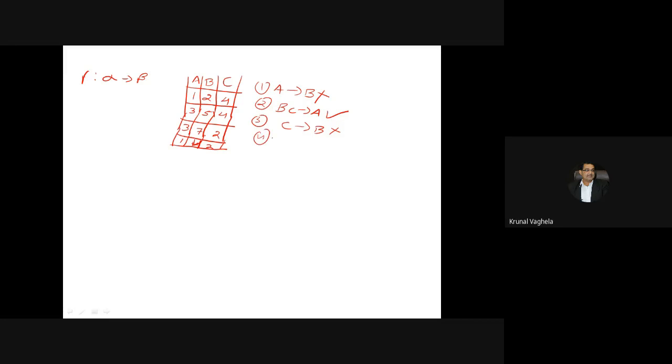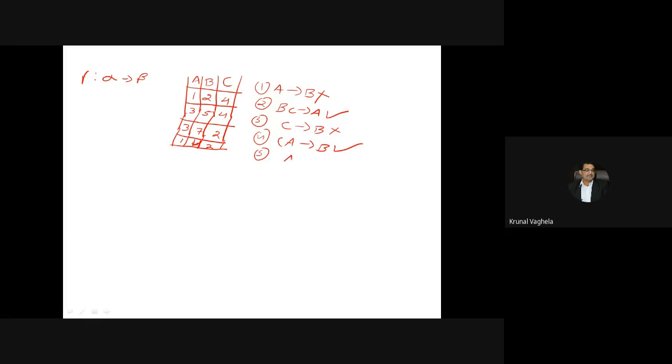Then, for example, CA to B. So each value of CA: 4, 1, 4, 3, 2, 3, 2, 1. Each value of CA is unique, so no need to check the B side. So this is allowed. Last, let's take the last one.